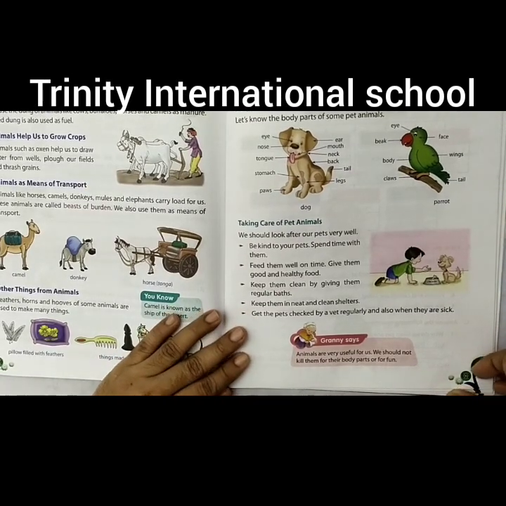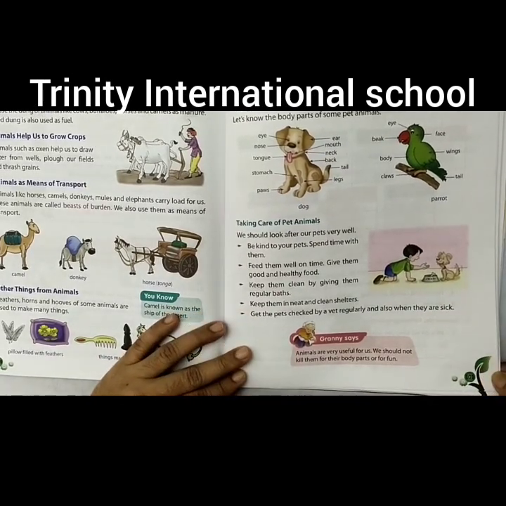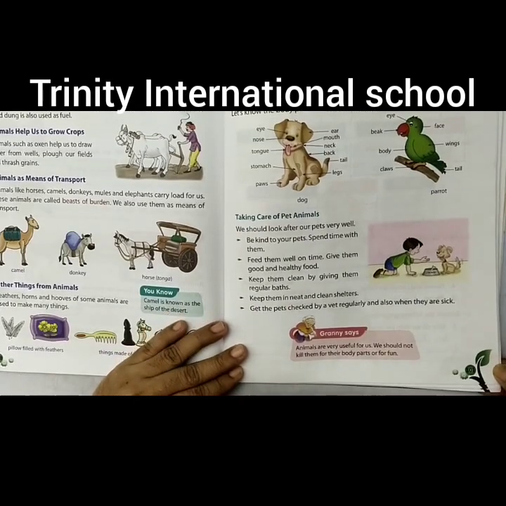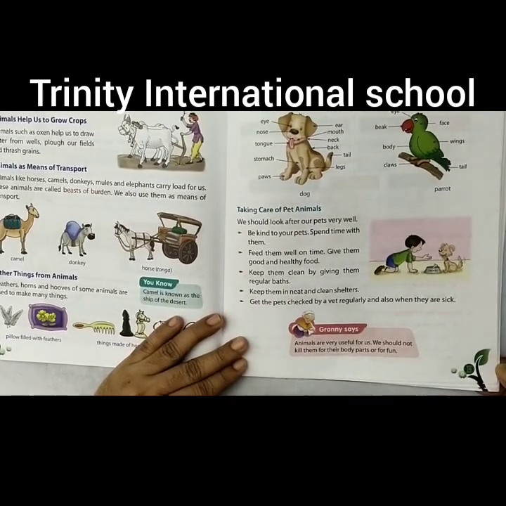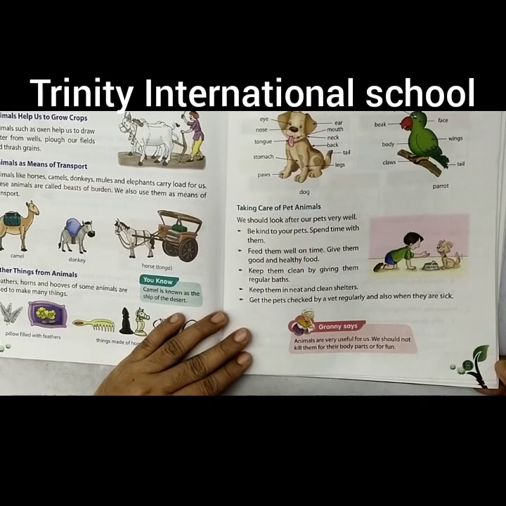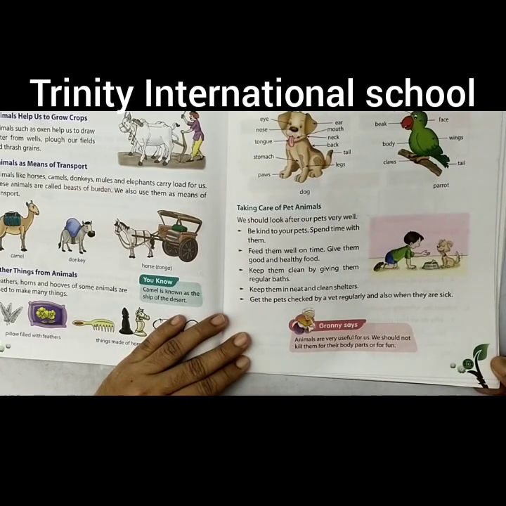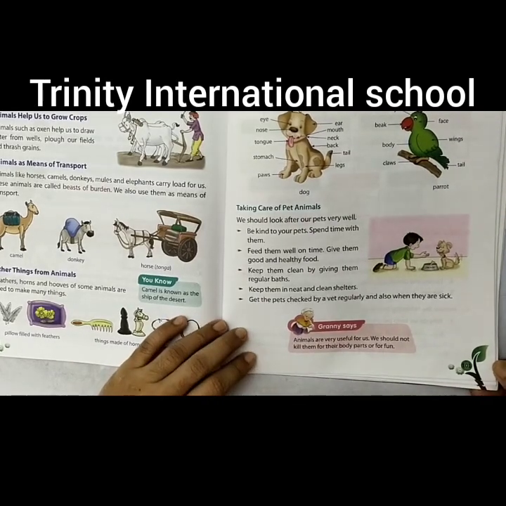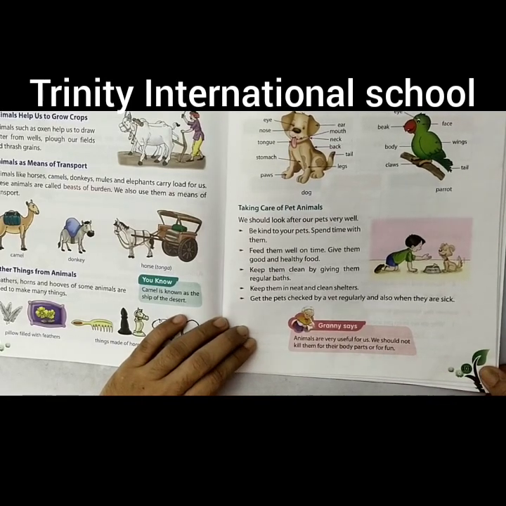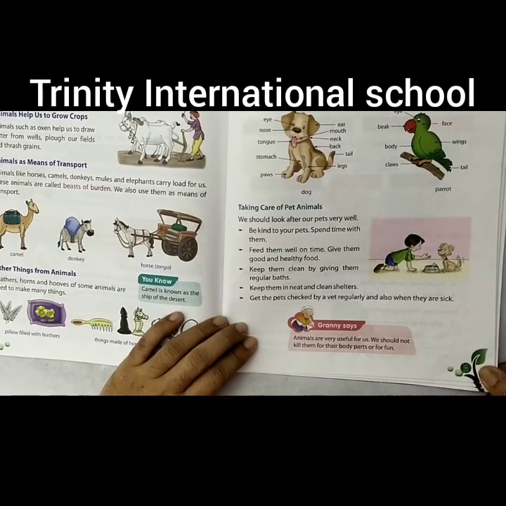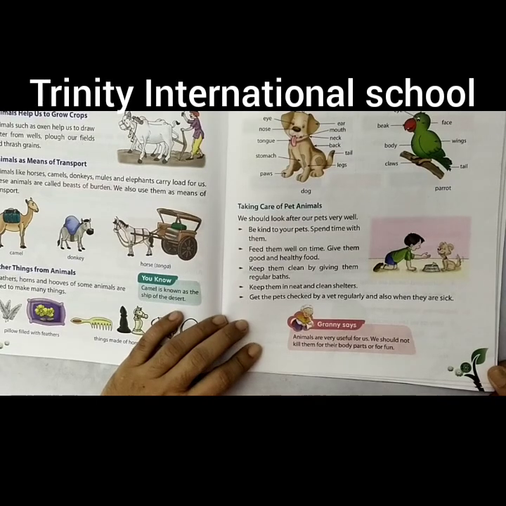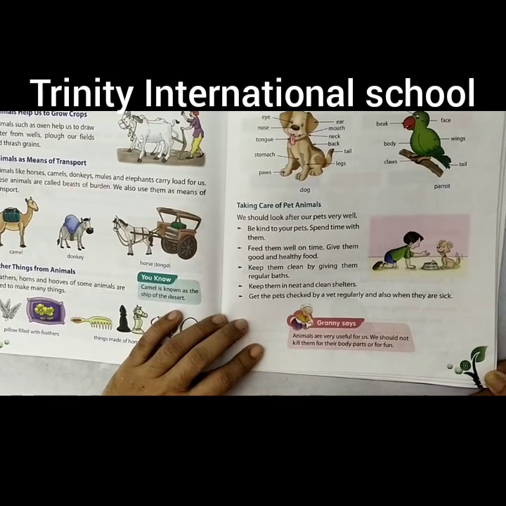Now, you know that if you are keeping the pet animals at your house, you should take a very good care of these pet animals. आप यदि pet animal घर पर रखते हो तो आपको इन pet animals का बहुत ही अच्छा care लेना पड़ता है.